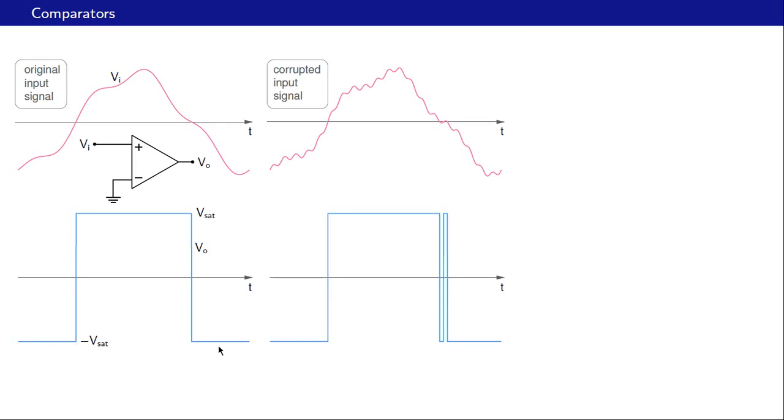What happens in practice is that the input signal is not always clean. There could be some noise or electromagnetic pickup riding on it, and therefore the original signal might get corrupted and might look like this, for example.